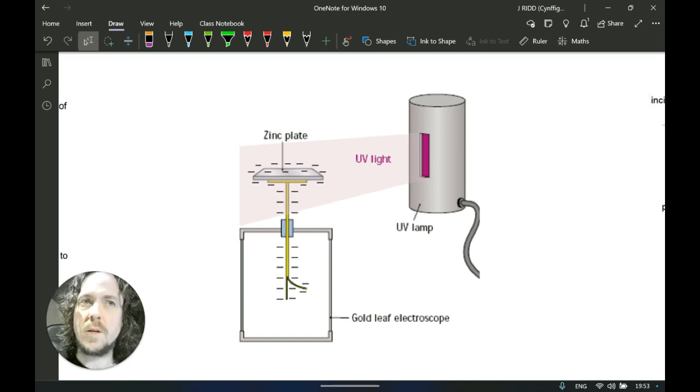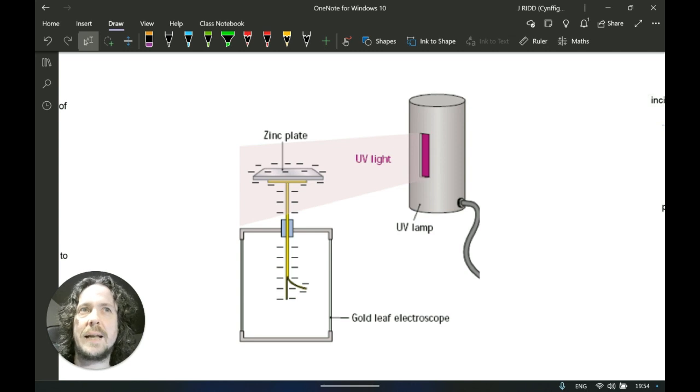However, when we observed this in action, we found there was no amount of red light, for example, that could cause electrons to be liberated or escape from a zinc plate, as in this particular diagram. In fact, it had nothing to do with the amount of light, the intensity, how bright it was, but everything to do with the wavelength.